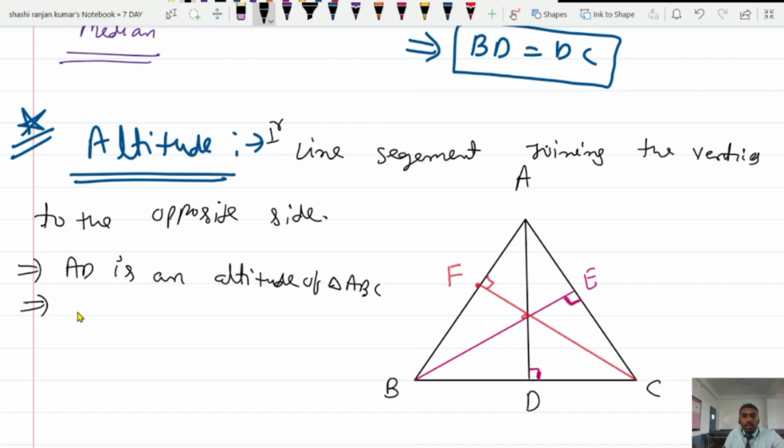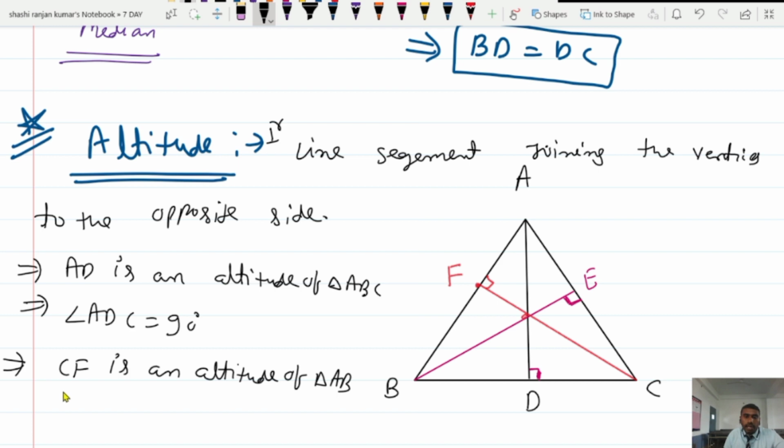That is, angle ADC is equal to 90 degrees. Similarly, CF is also an altitude of triangle ABC. What is the meaning of that?